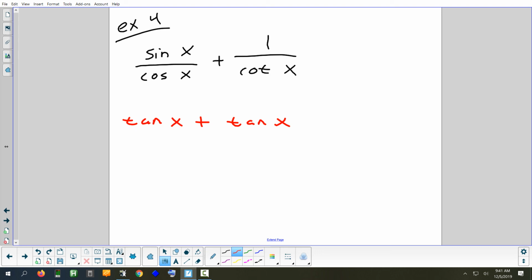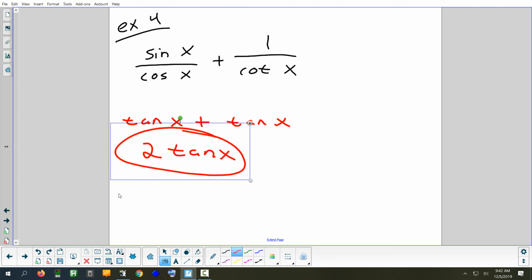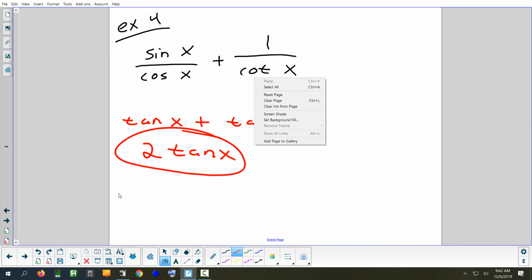And look what just happened. You have a tangent plus a tangent. So how many of them do you have? 2. Done. You have a tangent plus another tangent, so you have 2 of them. If you said, okay, well, I'm going to change cotangent to sine over cosine, or cosine over sine, then you're going to have fractions over fractions.